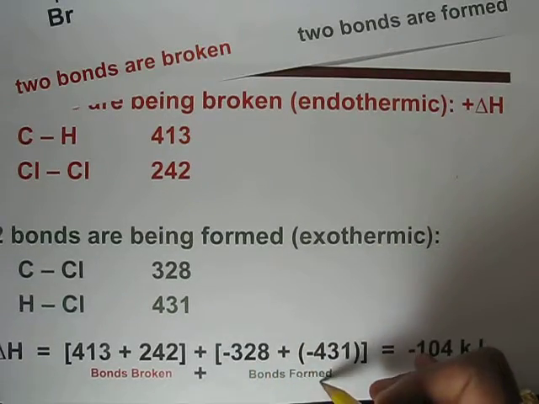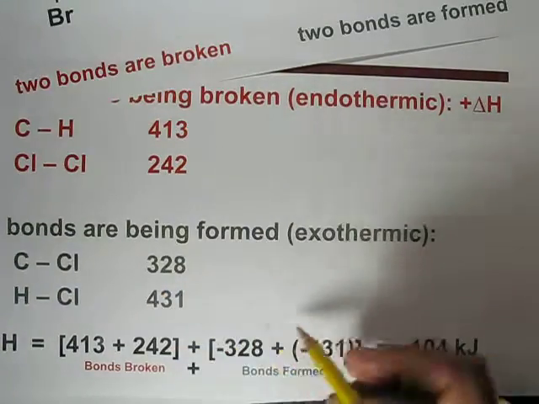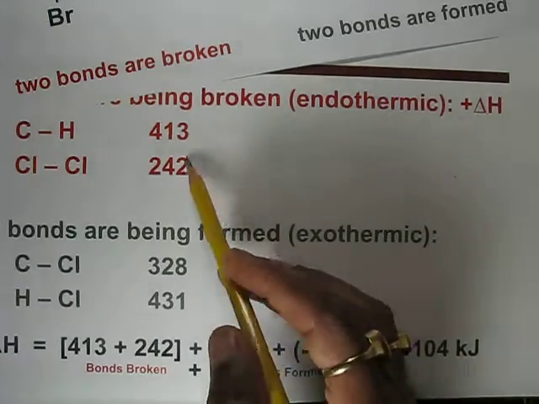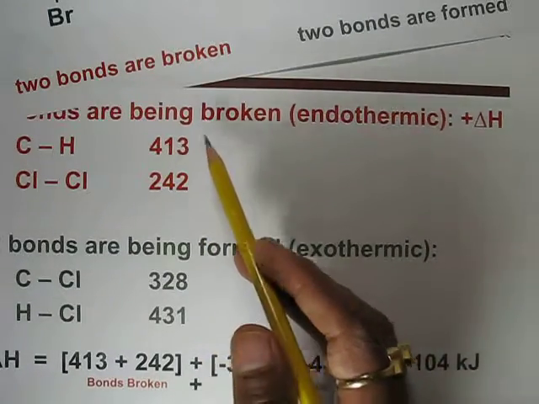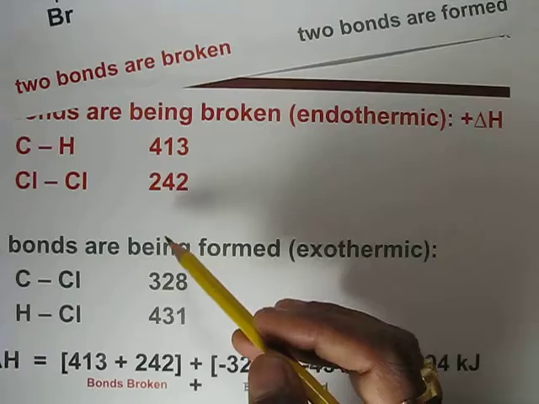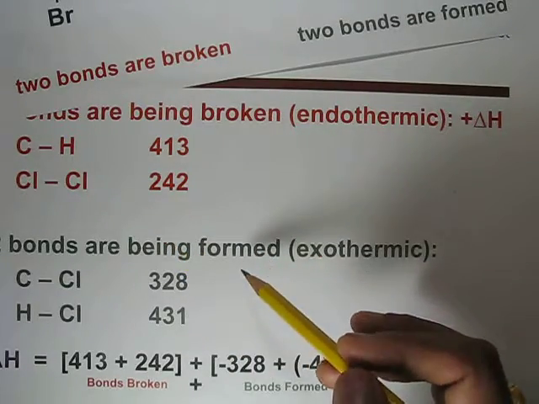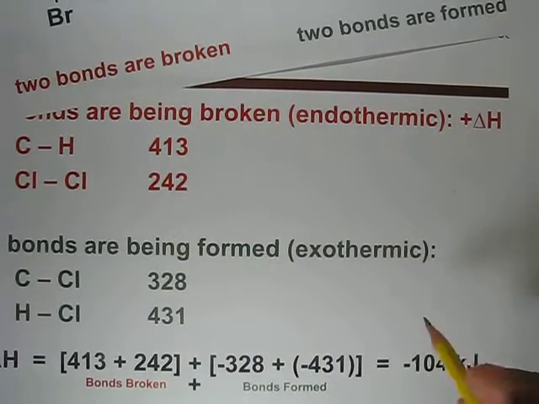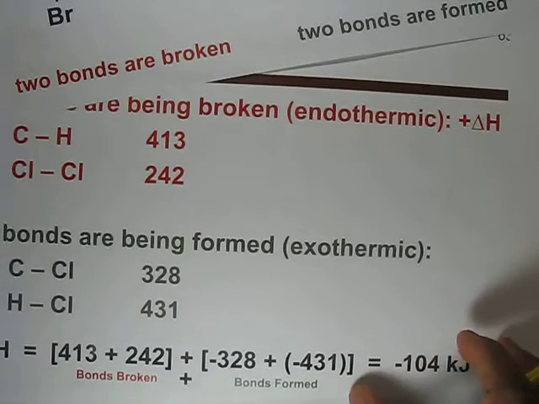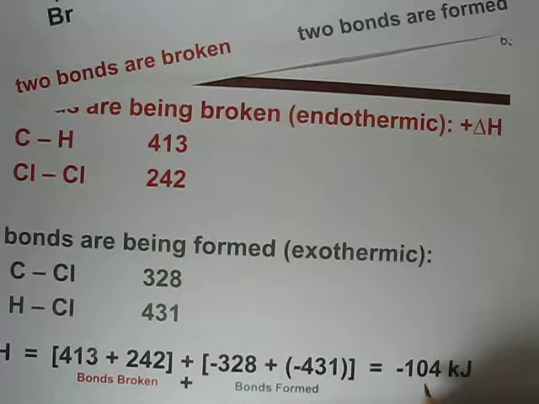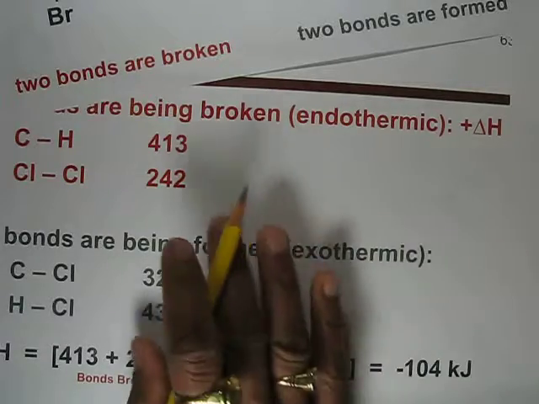So for bonds formed we put the values in the minus, and for bonds broken in the plus. When we calculate, it comes out to minus 104 kilocalories. So this is an exothermic reaction.